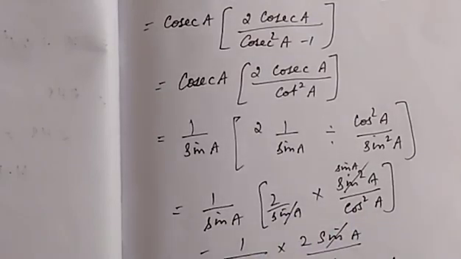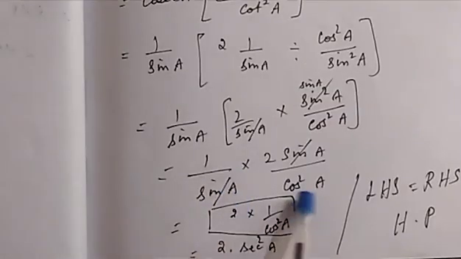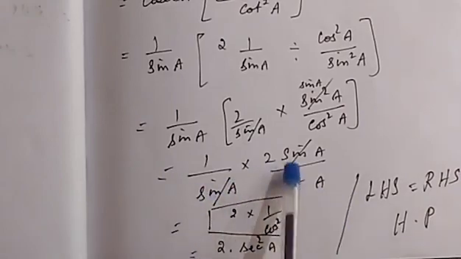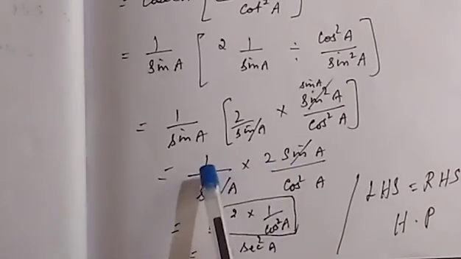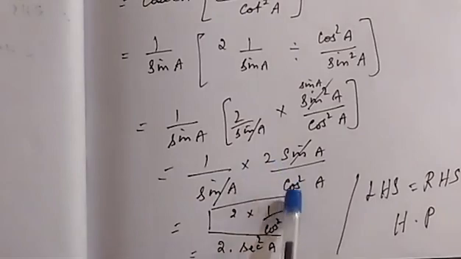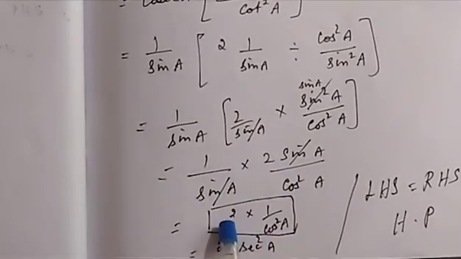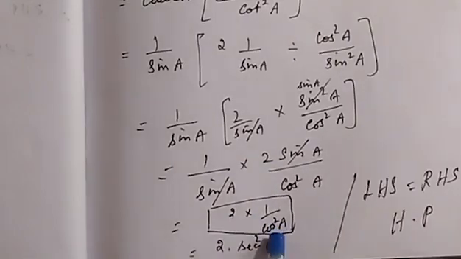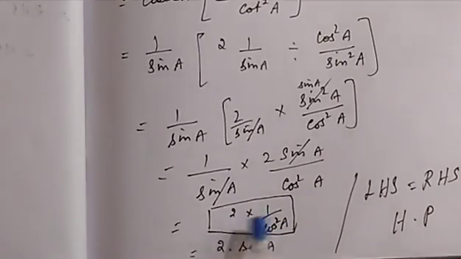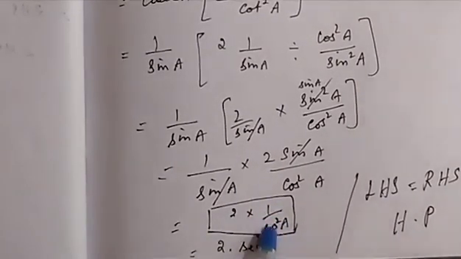You will get 1 upon cos square A into 2. Or 1 into 2 upon cos square A. So, you will write 2 into 1 upon cos square A.